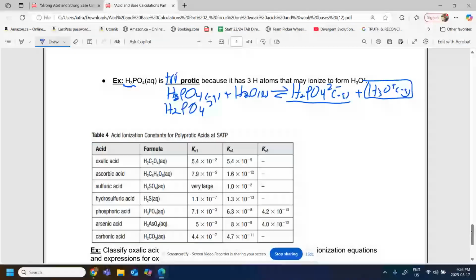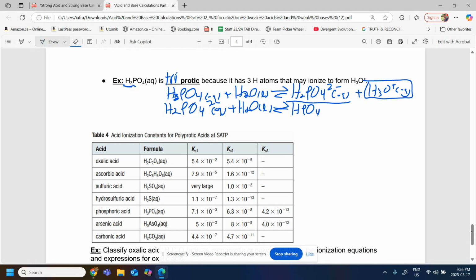By the way, don't quit the video and give up just yet. You're going to like the ending here, so just pay attention. H2PO4 minus plus H2O (liquid) in equilibrium gives HPO4 2 minus (aq), because this loses another H, plus H3O plus. I shouldn't have written 2 minus on the H2PO4 earlier; it should be H2PO4 minus, so let's change that.